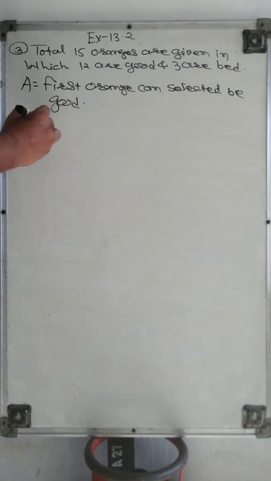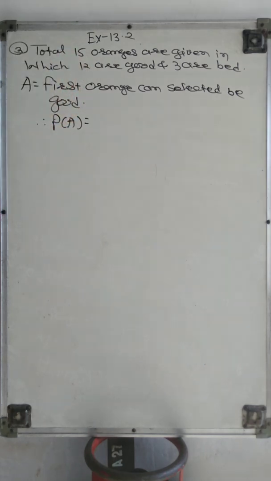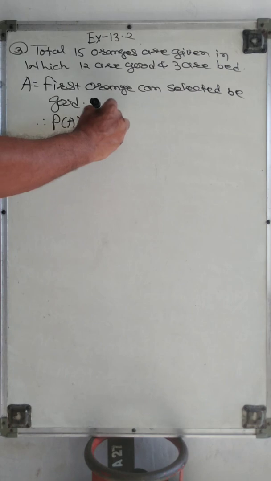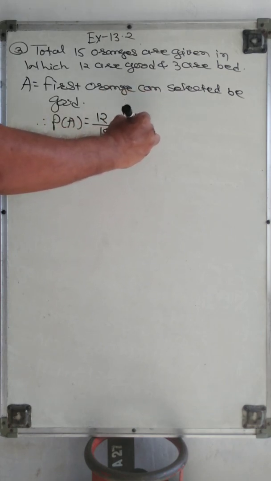Okay, so here P(A) is equal to what? Out of 12 good oranges, we select 1. So 12 C1 upon 15 C1. It is 4 by 5.